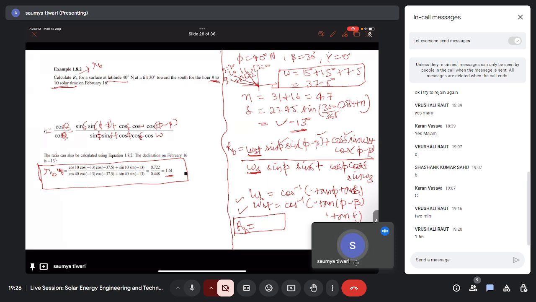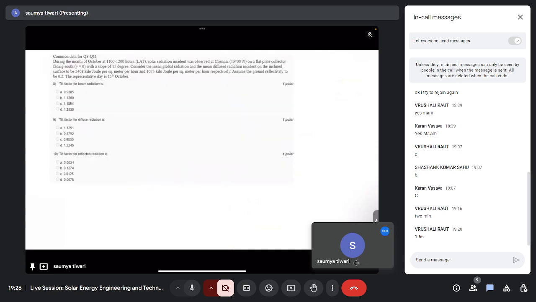Now moving on to the next question. I'll read it out to you. During the month of October, at 11 to 12 hours, solar radiation incident was observed at Chennai on a flat plate collector facing south with a slope of 15 degrees.